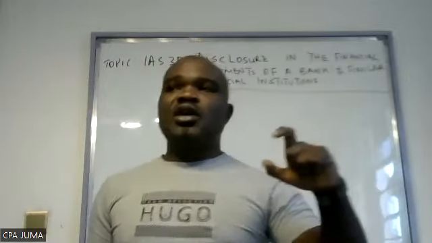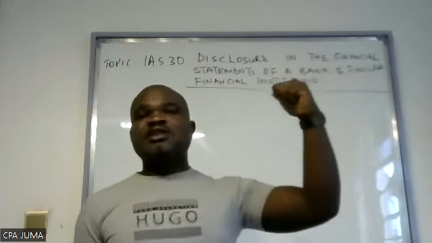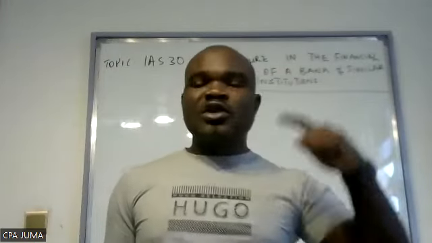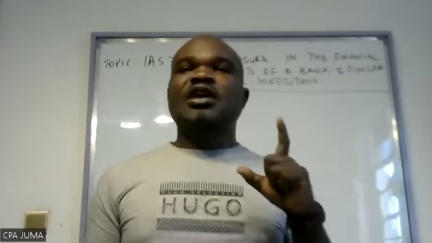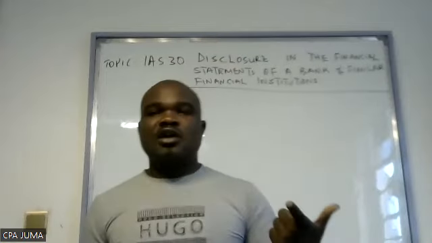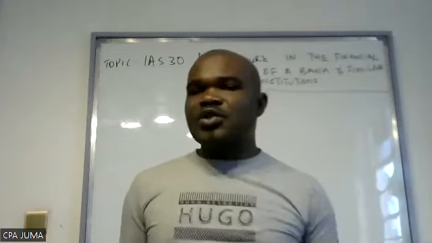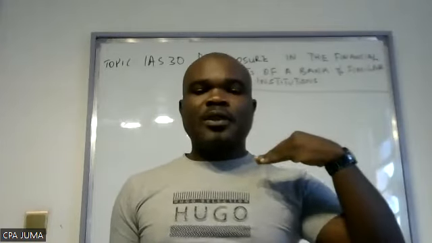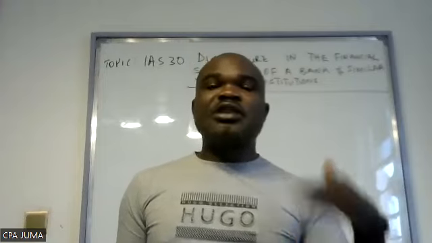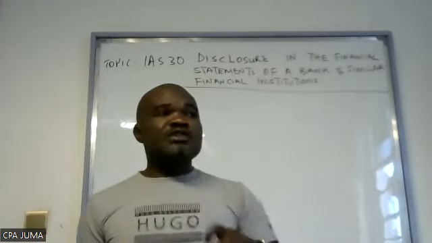We do have what is called recognition and disclosure. Recognition is when you are capturing it in the financial statements. Disclosure is when you are just communicating about it. So you see, like future contracts, the execution will be in the future. They are contingent actually. So you don't have to recognize them in the financial statements. Rather, you just give disclosures.